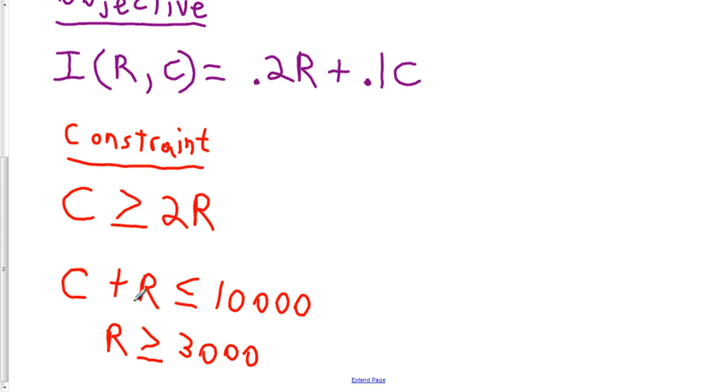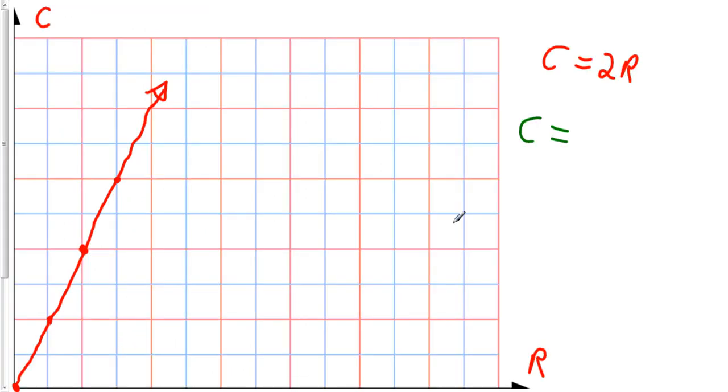I just subtract R from both sides of this equation. So when I solve for C, I get C equals negative R plus 10,000. And that says that for this equation, I have a slope of -1 and a y-intercept of 0, 10,000.